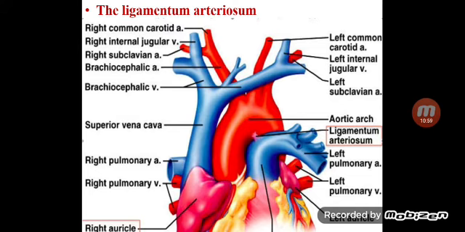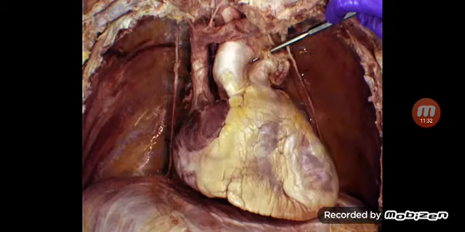It undergoes fibrosis and becomes only a fibrous band called the ligamentum arteriosum. Around the lower border of the ligamentum arteriosum, the left recurrent laryngeal nerve hooks around it. The vagus nerve.